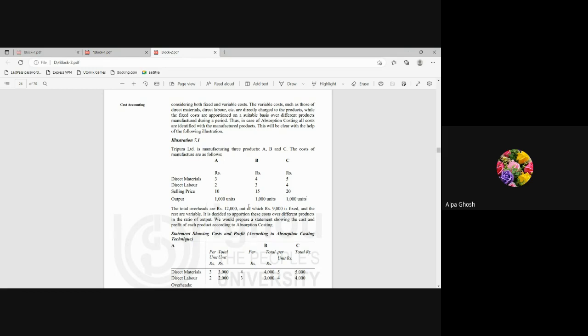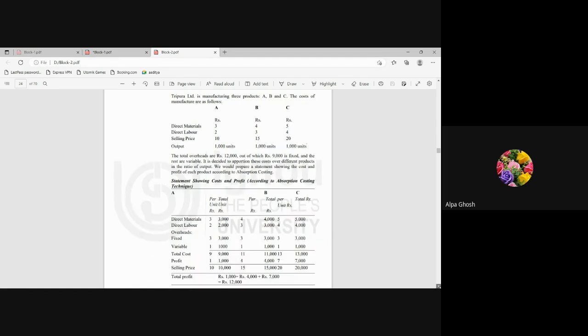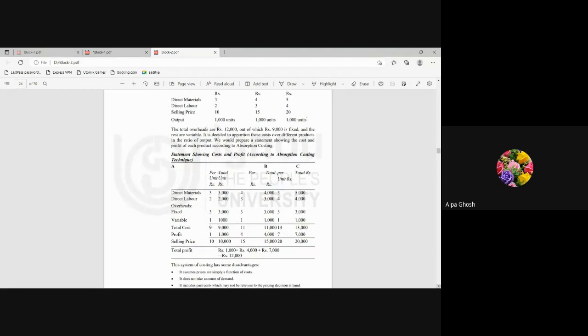We would prepare a statement to show the cost and profit of each product according to absorption costing. Absorption means how much you are absorbing. Here it is A, B, and C. Direct material is 3, 4, and 5.